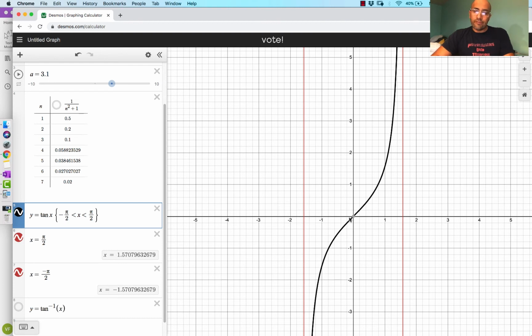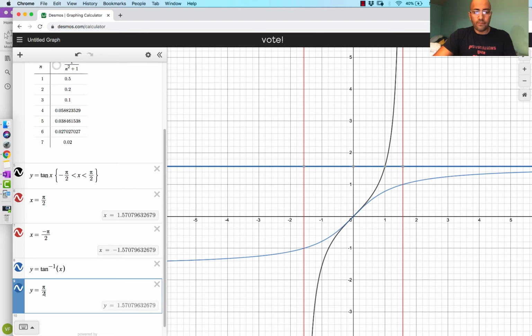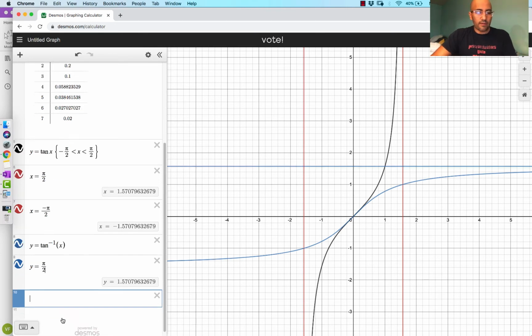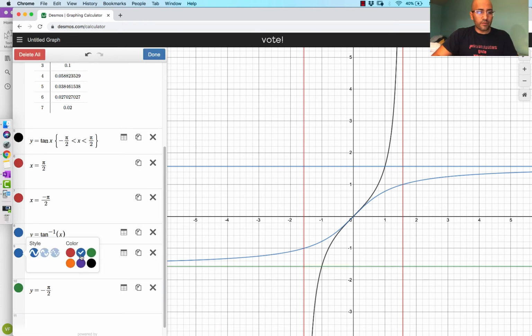Now if we flip this on its side and do the inverse function, it's going to look like that, where it will have horizontal asymptotes at y equals pi divided by 2 and y equals negative pi divided by 2.